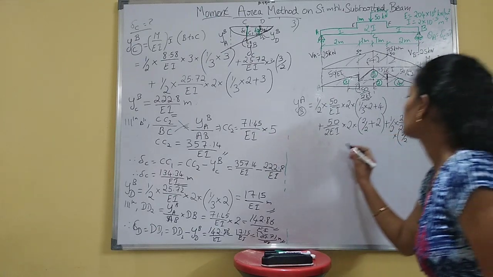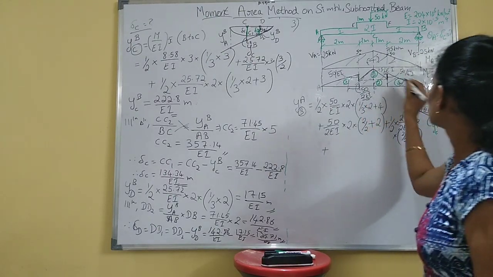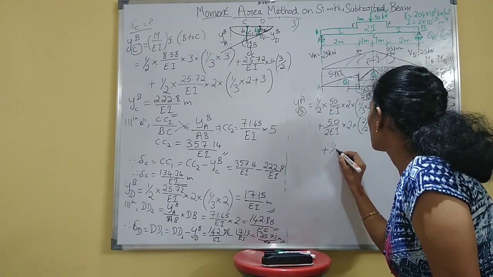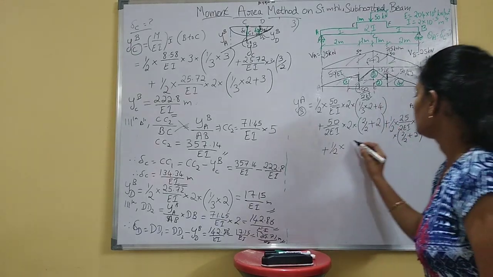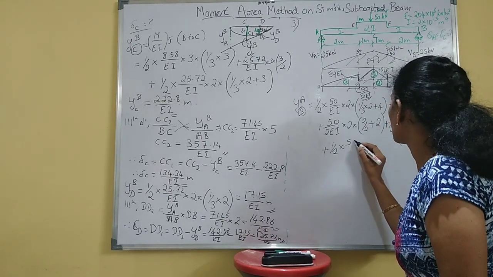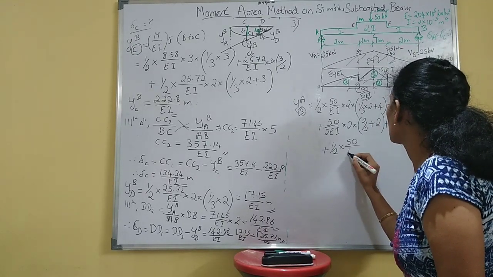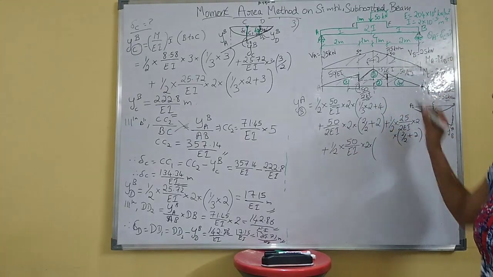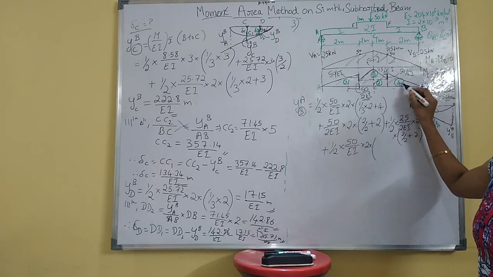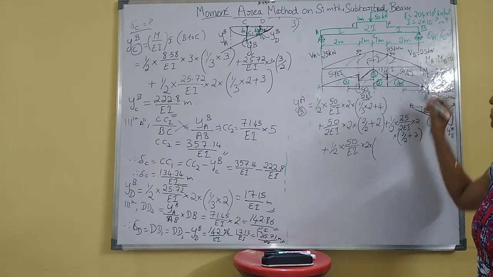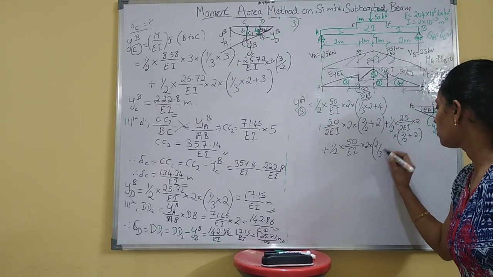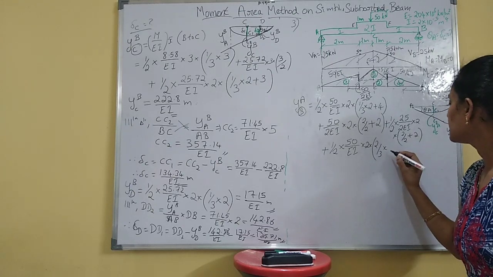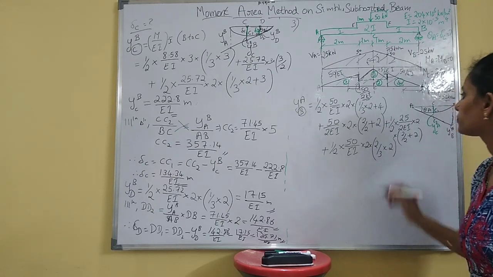Next we come to the fourth region, that is half into 50 by EI into 2 into, this is a part, so it is directly 2/3 of B. B is 2 meter.